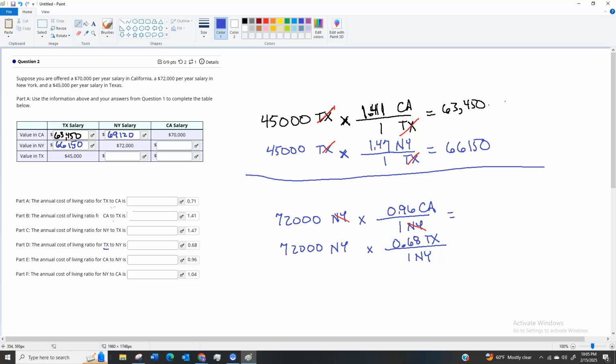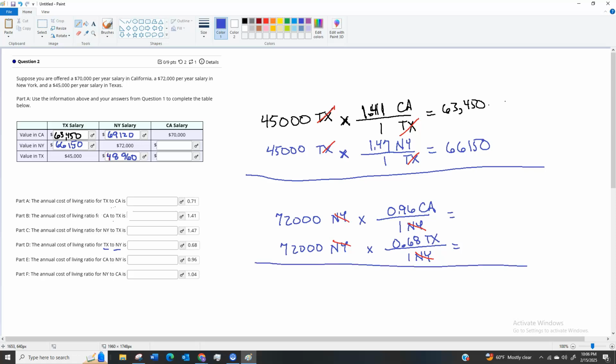So Texas to New York is right here. That's the 0.68. The New Yorks cancel, and we get 72,000 times 0.68. And that's 48,960 in this case. Remember, your numbers might be different on your homework because it regenerates different numbers for different people. But for these numbers that I had, that's the correct answer.